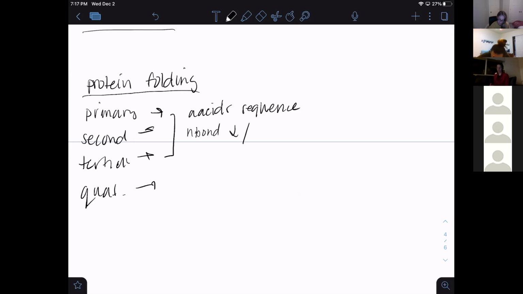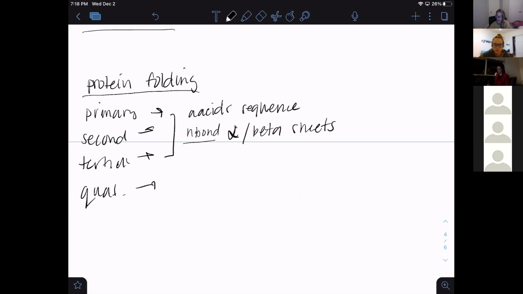Right. That's what we need to think about. So yes, this is taking place, but really we're talking specifically about that's where our alpha and beta sheets are the main topic in the secondary fold. Okay, we're forming these sheets.